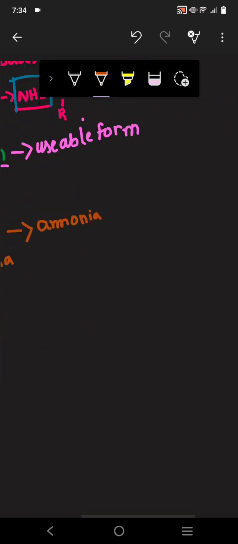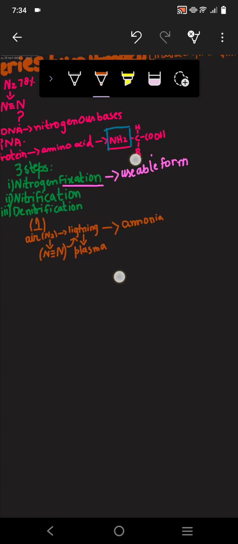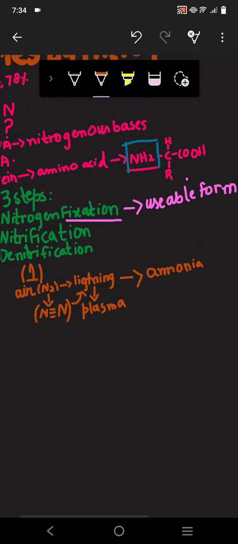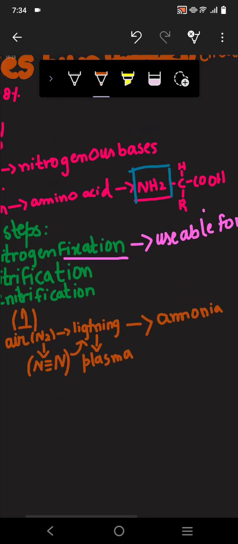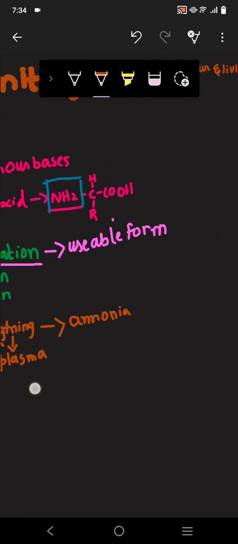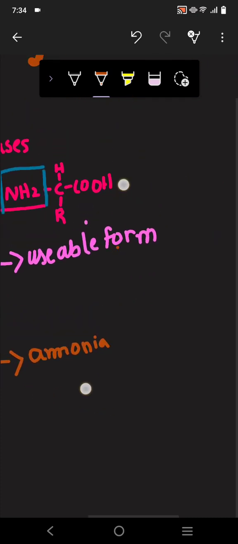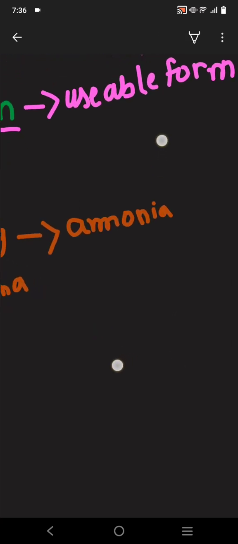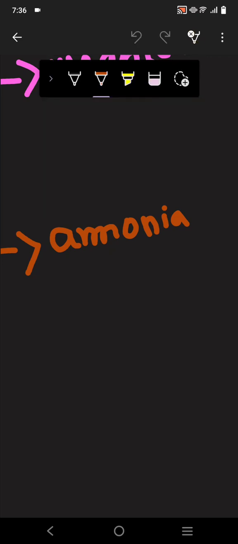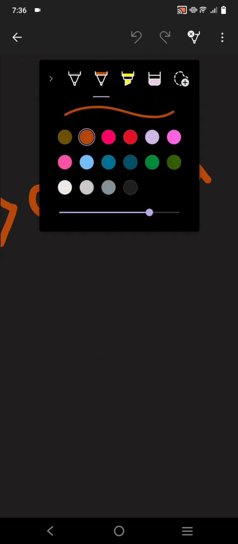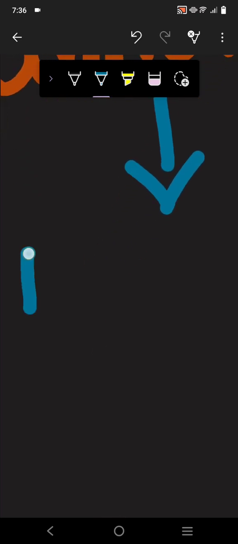Now by this lightning our nitrogen is converted into ammonia. So now let's see another process by which we can convert nitrogen into ammonia, and that process is known as biological fixation.